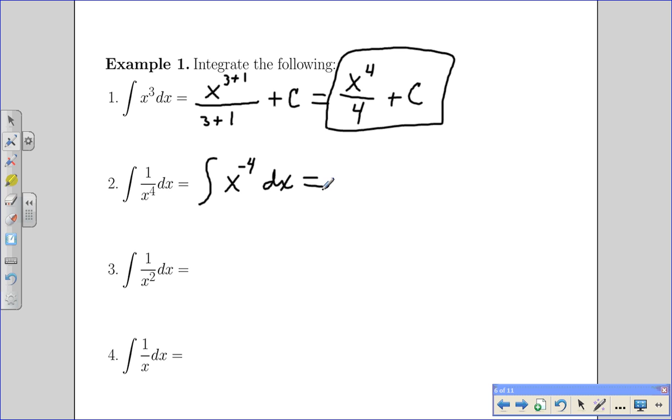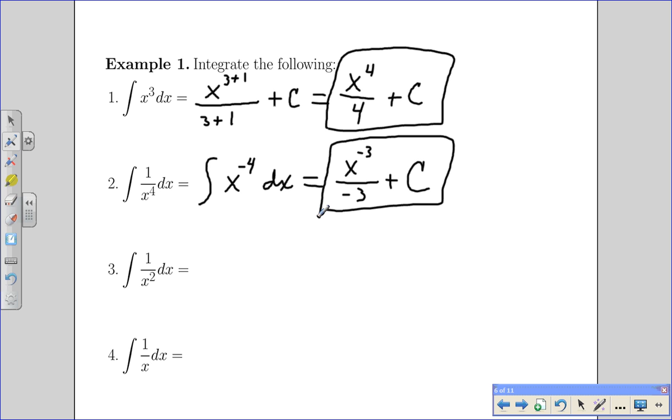And whenever you add 1 to a negative number, just make sure you do that correctly. Minus 4 plus 1 is a negative 3. Divide by that negative 3. And don't forget to add c. So you have to make the problem look like one of those 6 rules that we have.